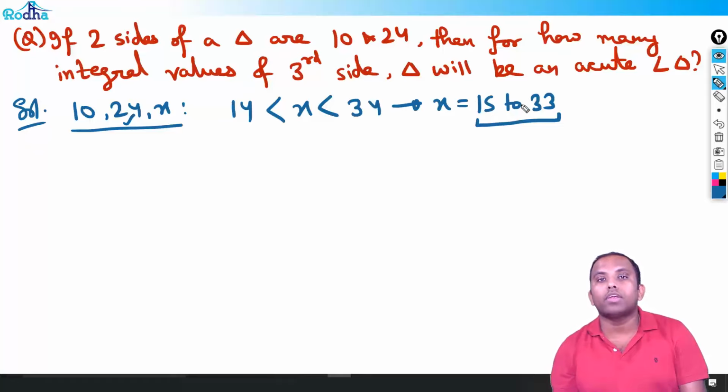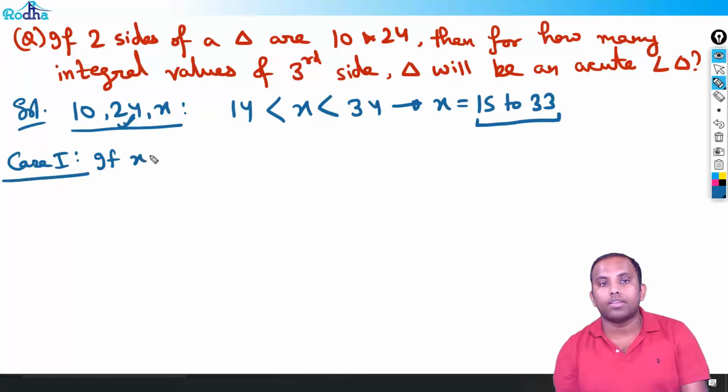And if x is greater than 24, then x will be the larger side. So again, I'll make two cases. Case 1: if x is greater than 24, then x is the largest side.